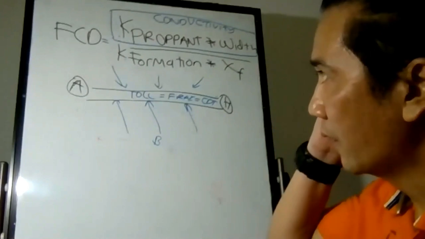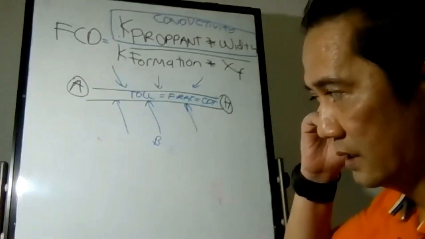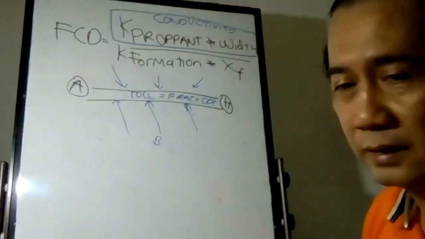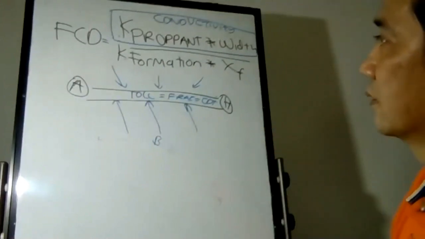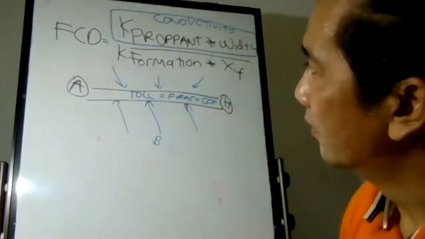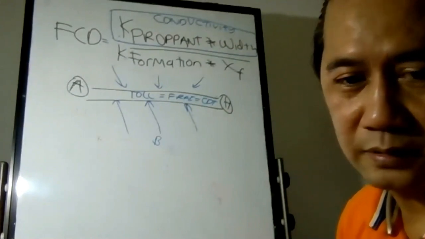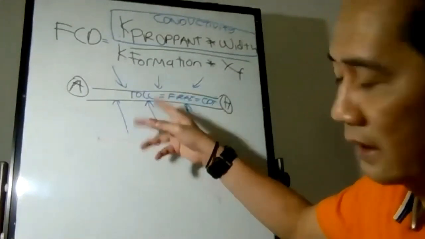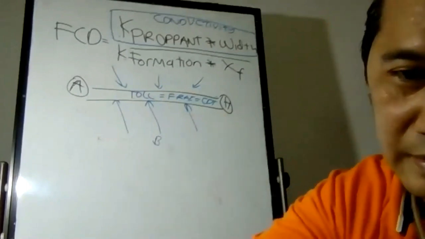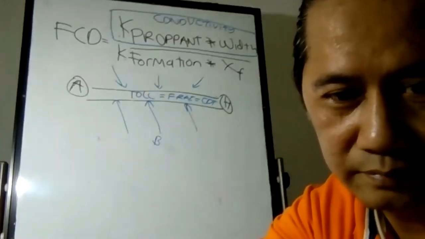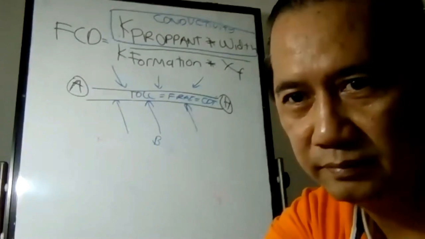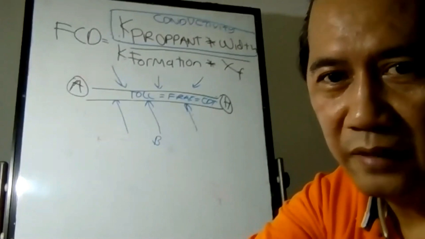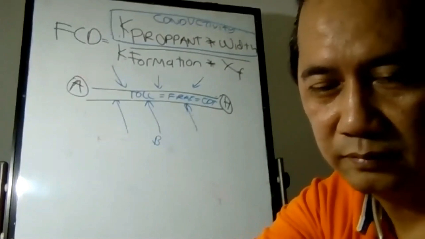So that is the concept of FCD and conductivity and the skin, right? Imagine if you have an FCD of 1,000. Put it into this analogy, the toll and the cars. Raise your hand and answer the question. What does it mean when my FCD is 1,000?